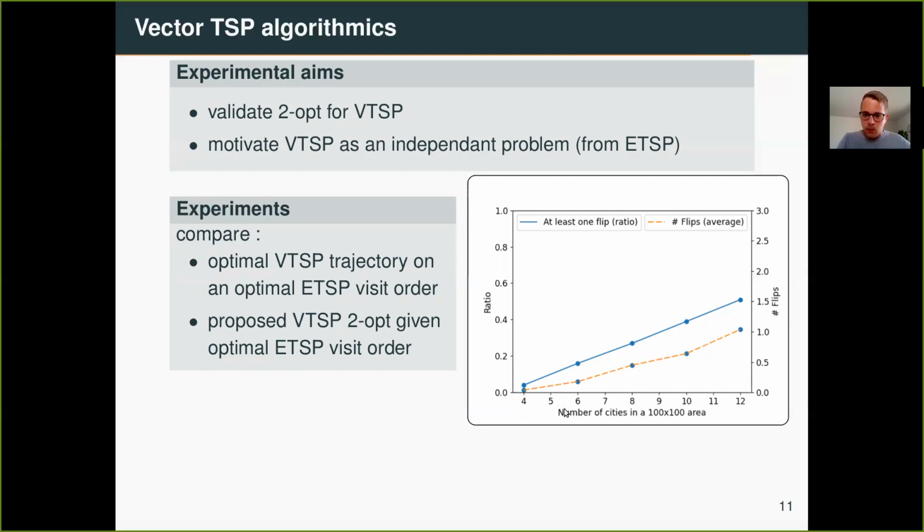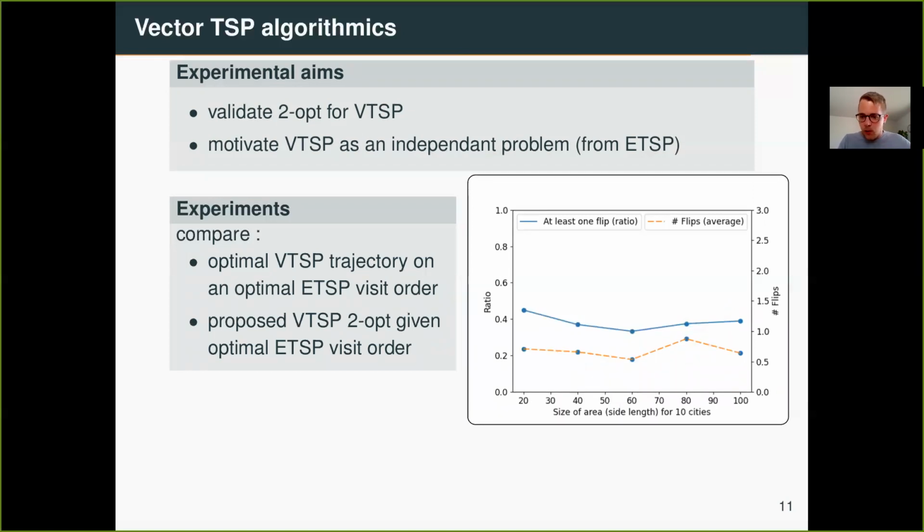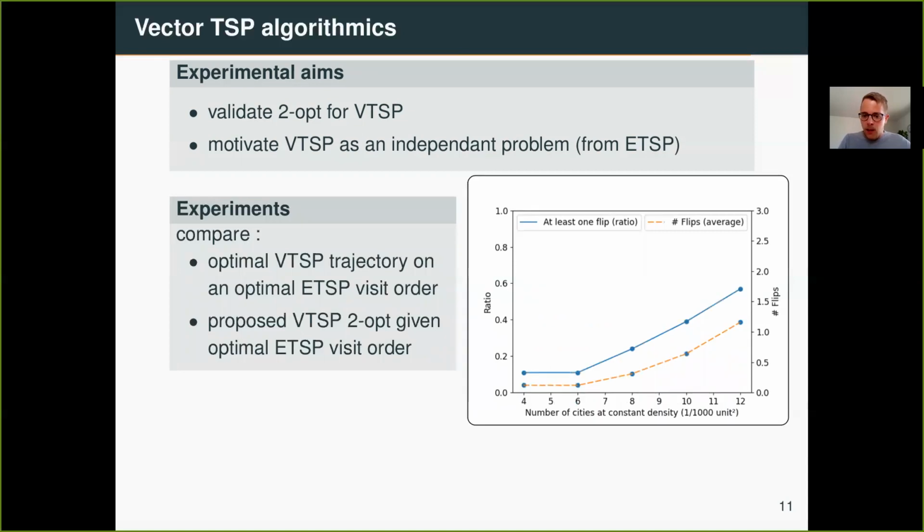experiments. The first one was we upped the number of cities, so we made the number of cities vary. You can see that the more cities you have, the higher the ratio of VTSP 2-opt admitting at least one flip. This one doesn't really admit any, there's no real correlation, or at least we didn't find any. And this one is when you up the number of cities and you up the scaling as well, so you put them in a larger area.